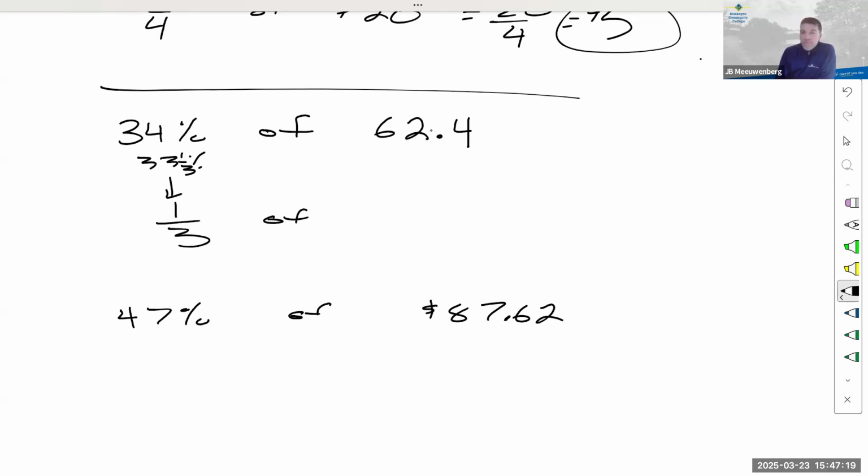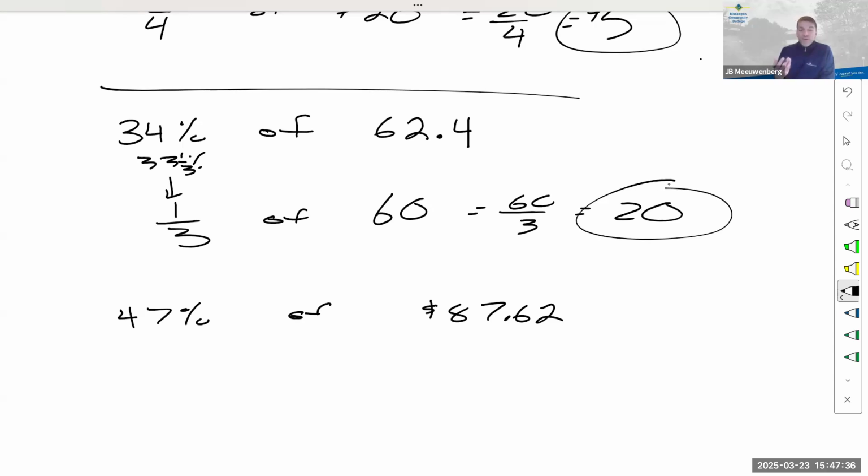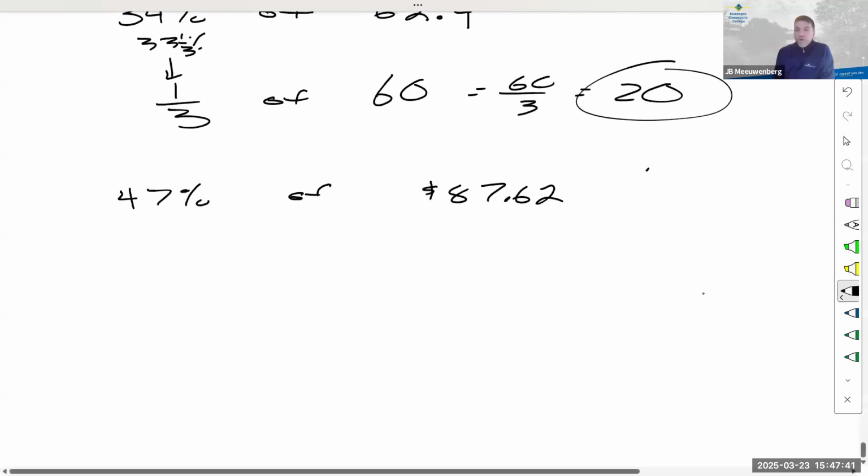And now I'm going to look for a number that's divisible by 3. 62.4 is really close to 60. And I can take 1/3 of 60 to get 20. So we are pretty close there, right? Again, it's not the only way to do it, but I think that is one option.